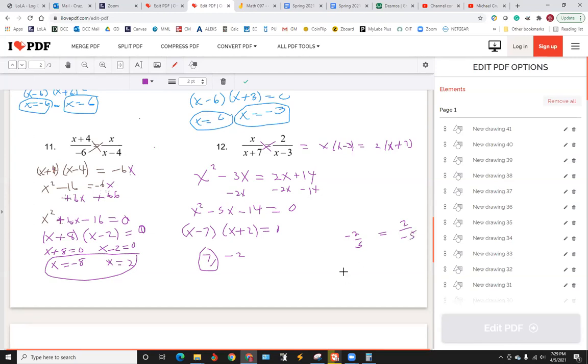This is also equal to negative 2/5. Generally, when you simplify one of these, it should be in the front. I just didn't do a little job on it. But those things are all equal to the same thing. If you've got one negative sign, the whole thing is negative.